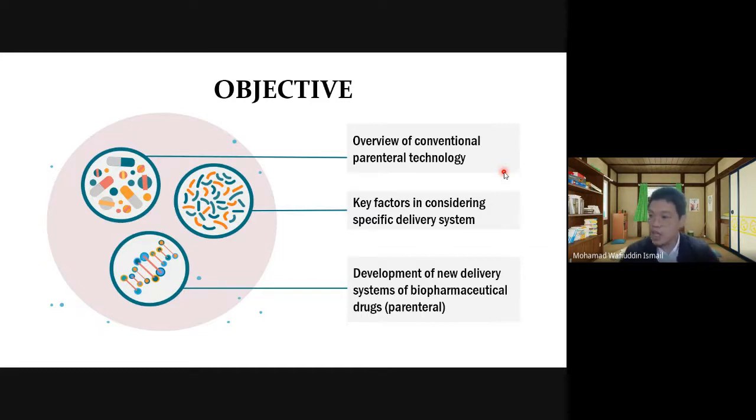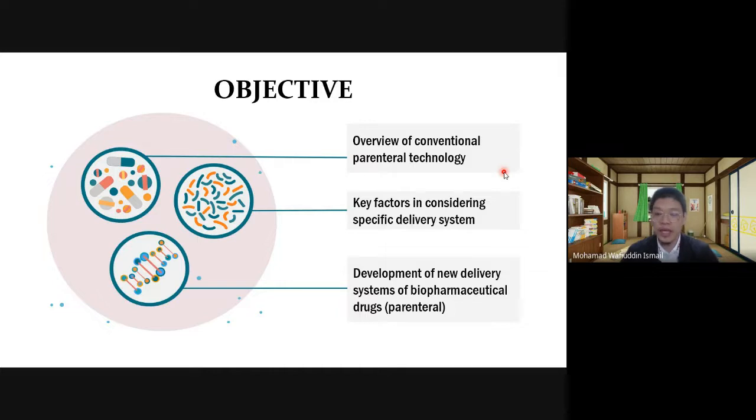Basically, most drug delivery is parenteral; it is the major delivery route in delivering drugs. We can say about 95% or more of drug delivery is based on parenteral application.